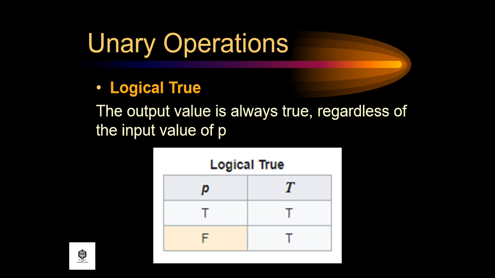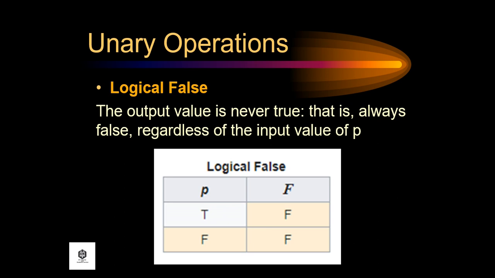For logical true, the output value is always true, regardless of the input value of P. For example, under P, if P is true, then the value in the truth table is true. And if P is false, then the value is also true.